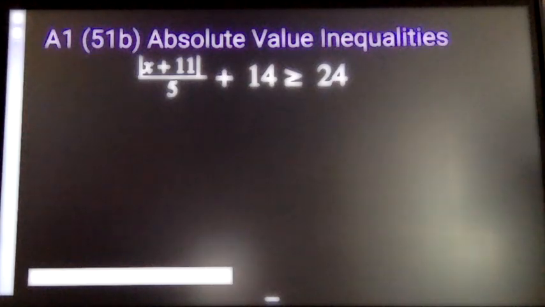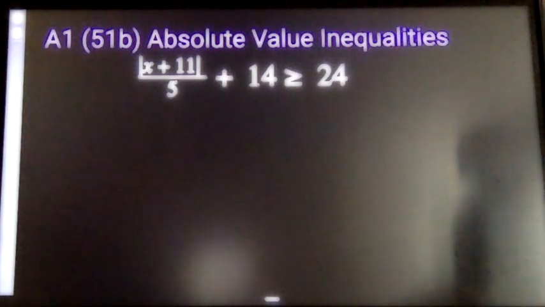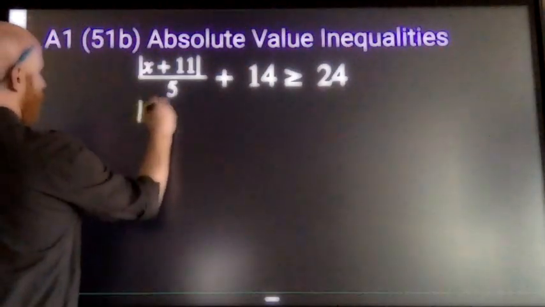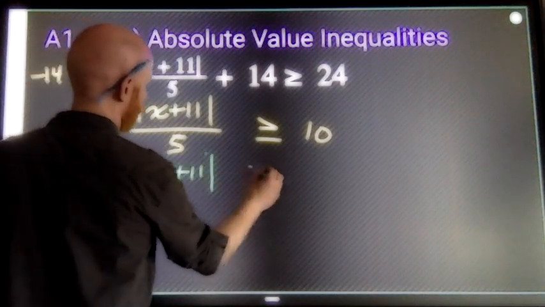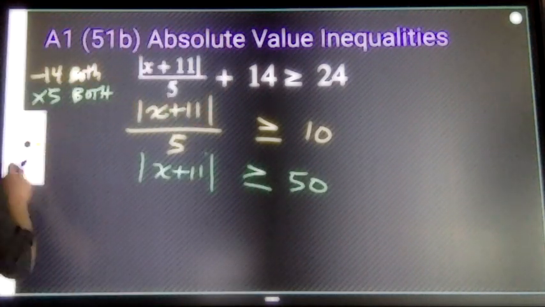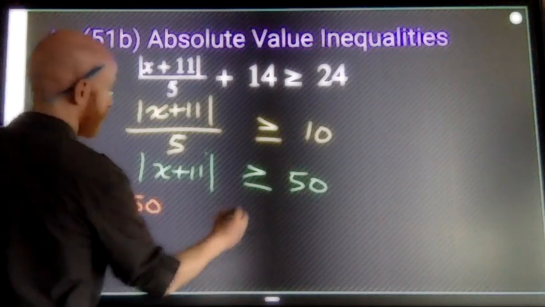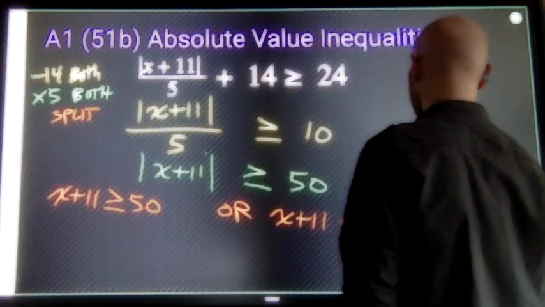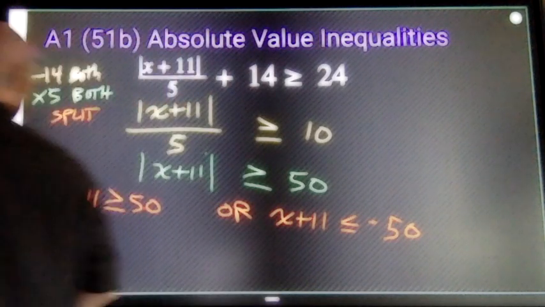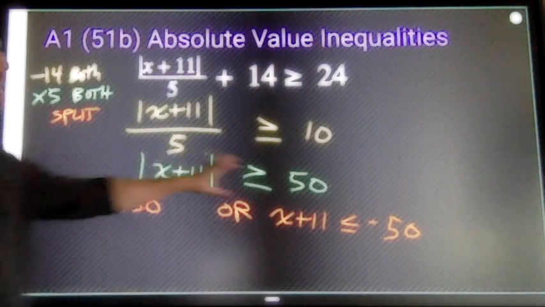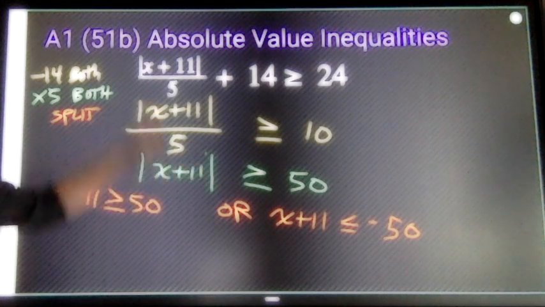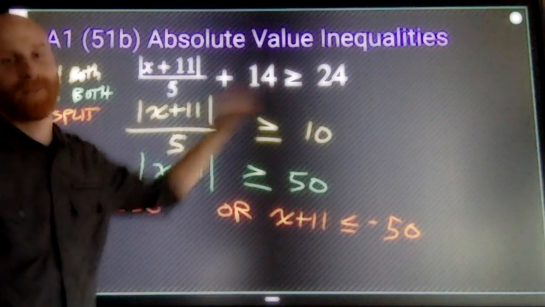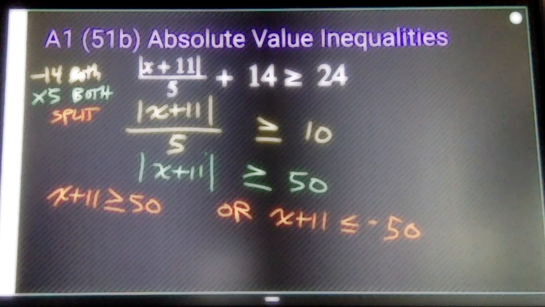Feel like you can do it? Hit pause, try against what I've got here. Okay, again, if I make that bigger than 50, obviously true. If I can make what's inside there less than negative 50, the absolute value will make it positive, and again, it will be true.